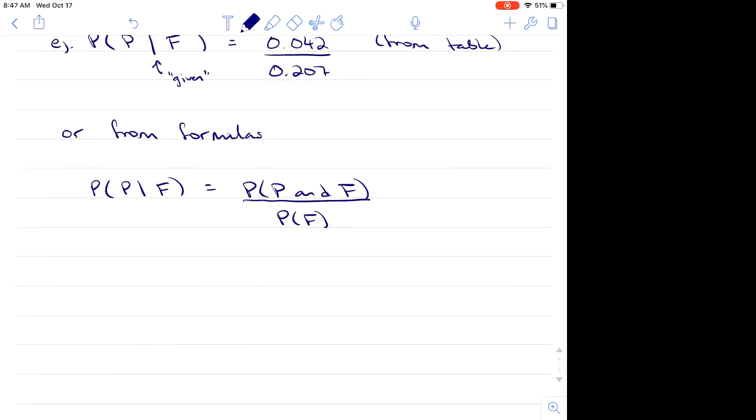That's right. Exactly. Because the 0.042 is just in the total population, those who live below the poverty line and speak a foreign language at home, right? But now we're saying, okay, not out of the total population, just out of those who speak a foreign language at home, right?